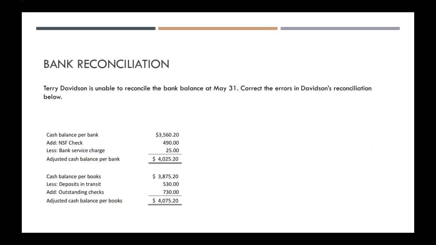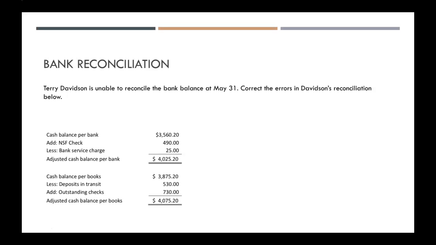Now, in Chapter 8, you learned about bank reconciliation. And why does a company even deal with bank reconciliation? Well, the amount on their bank statement, the amount of money that they have, might not match what their books say, what their ledger would say. And that's not good, right?